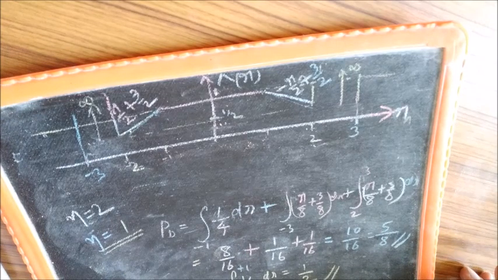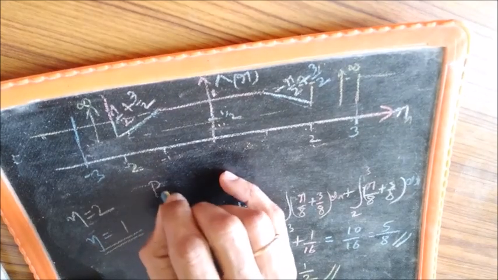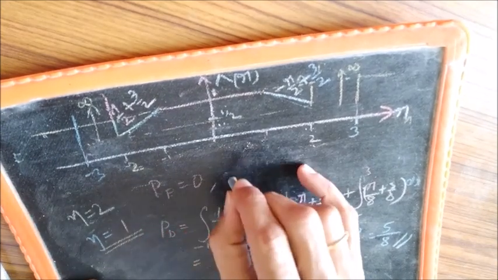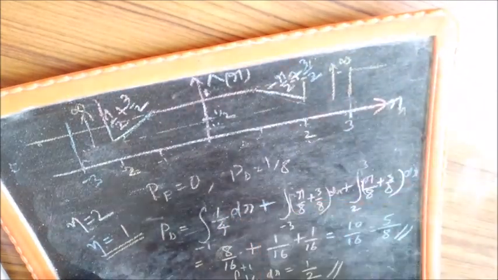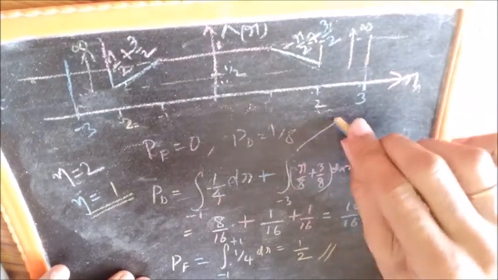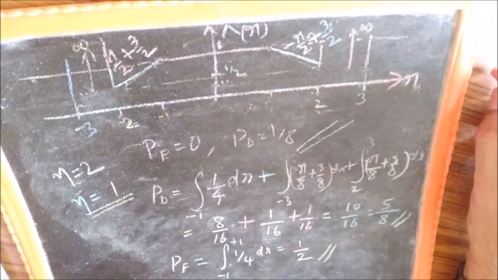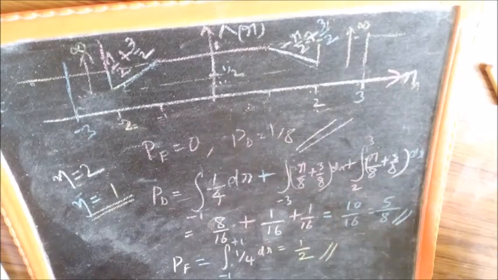Otherwise, you are declaring H0. You can show through a similar procedure that the probability of false alarm is 0 and the probability of detection is 1 by 8. This is left as an exercise for you. Verify whether the result for eta equal to 2 is the same. You can also verify the results for the other values of eta which I have discussed here.